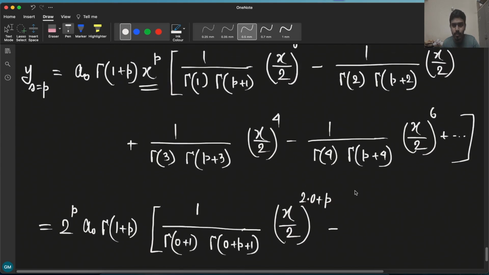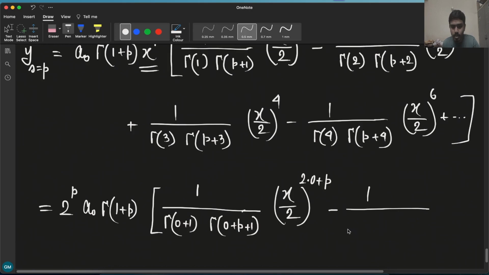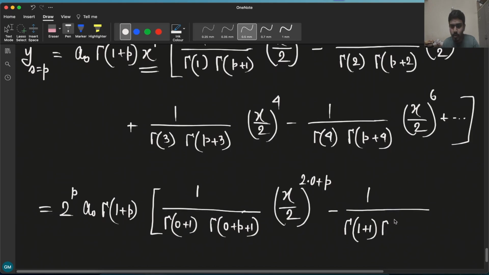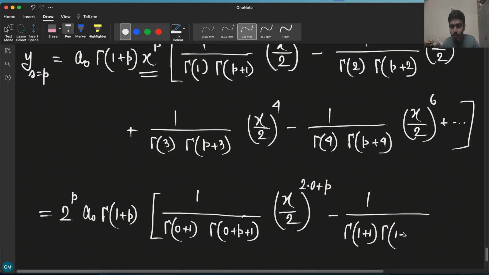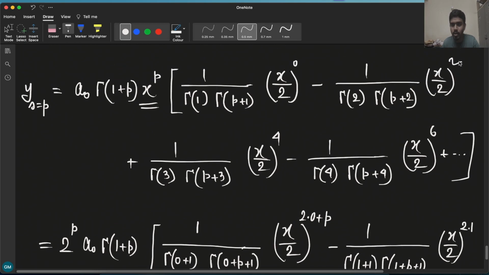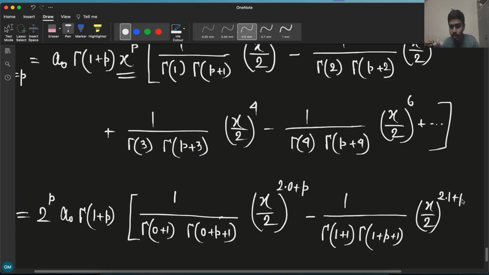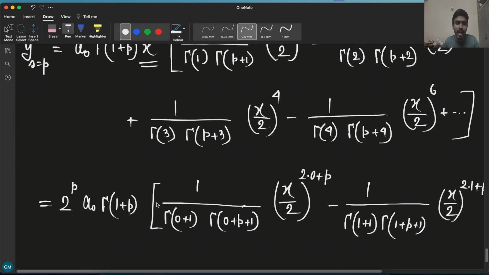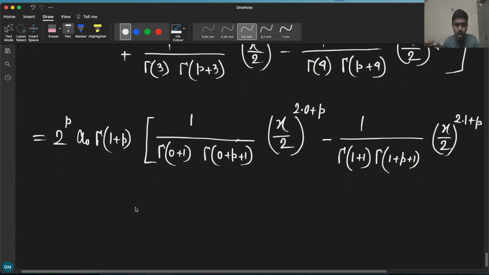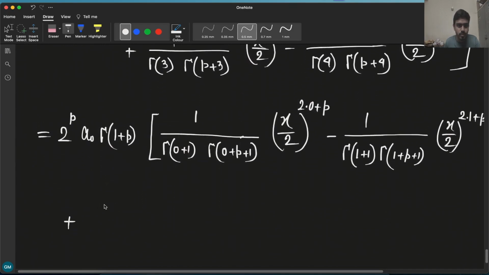Minus 1 by gamma of 1 plus 1. So this 2 I can write as 1 plus 1, then gamma of 1 plus p plus 1, then x by 2 whole to the power 2 times 1 plus p, because I am multiplying this x to the power p by 2 to the power p. The next term will be plus 1 by gamma of 2 plus 1.